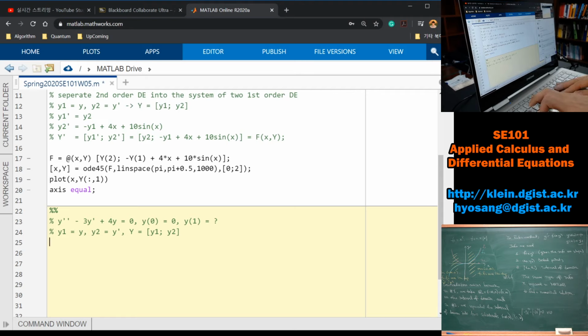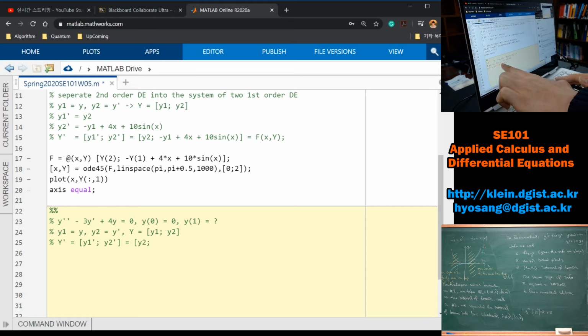So y prime is y1 prime, and y1 prime is nothing but y2, right? But now y2 prime is y double prime.